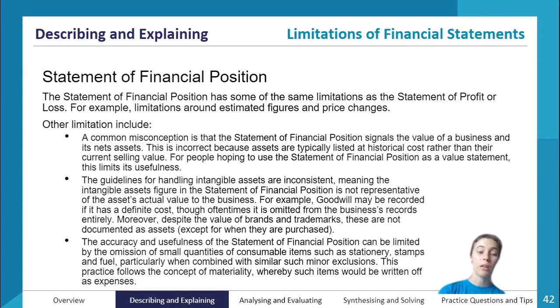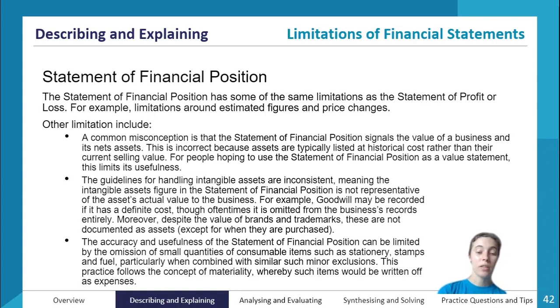It may be recorded if it has a definitive cost, so what it's actually worth, but oftentimes it's not recorded at all. And similarly, things like trademarks are often not included, even though they are part of the business's assets.